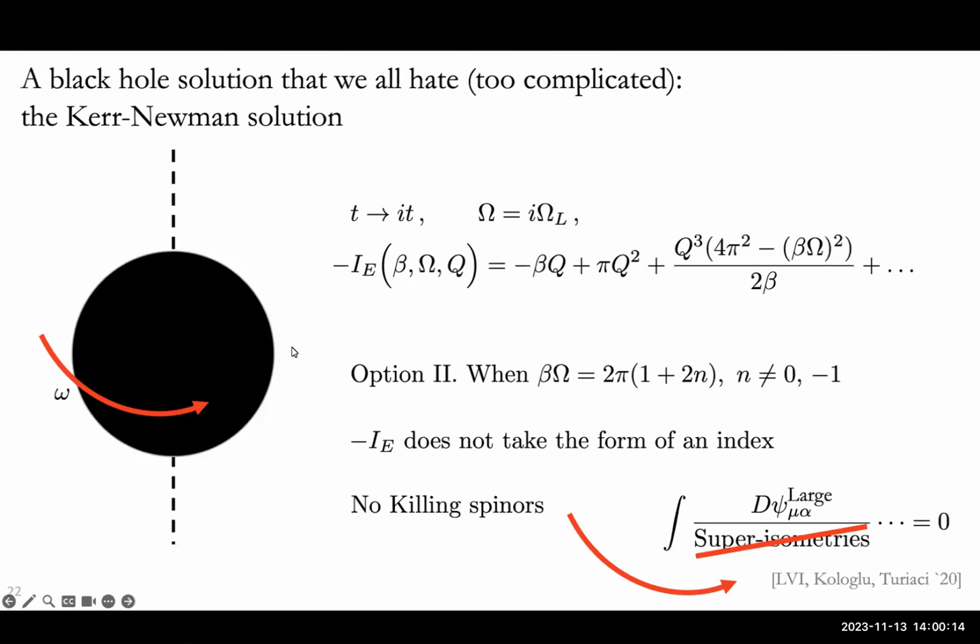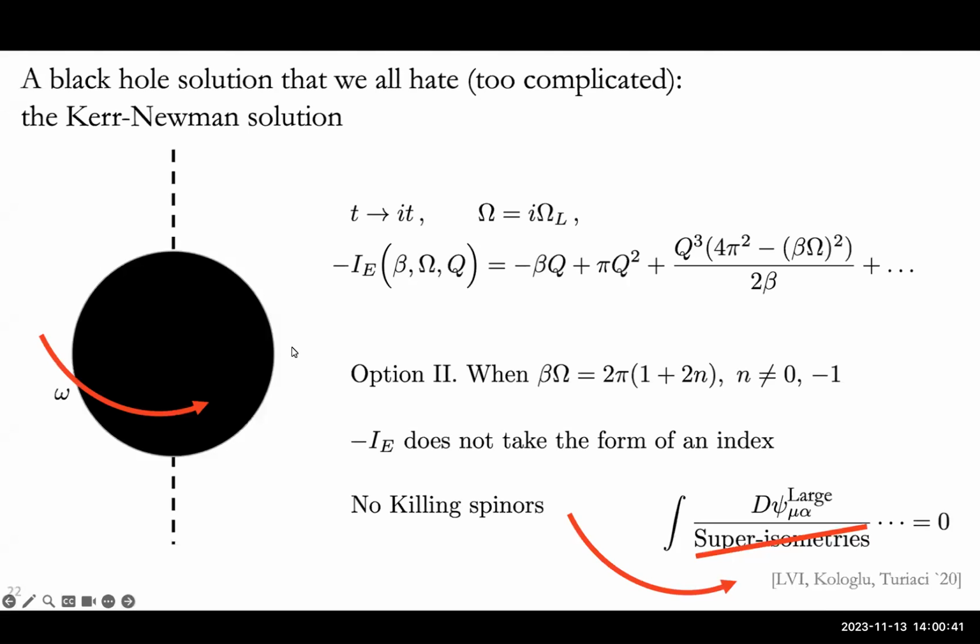So what's happening? The gravitational path integral tells us to sum over all these saddles because all these saddles are consistent with the boundary conditions that compute an index. Well, what happens is that these solutions actually have a set of fermionic zero modes of the gravitino, if I work in supergravity, but have no killing spinors.